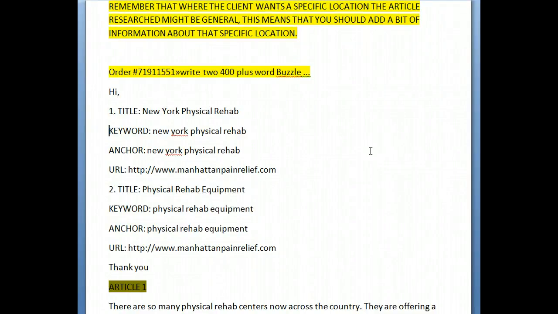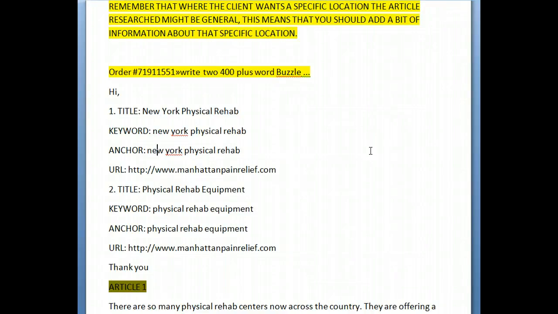Now, in this particular situation here, for this specific order, you would have 719115551. This specifically is talking about New York Physical Rehab.